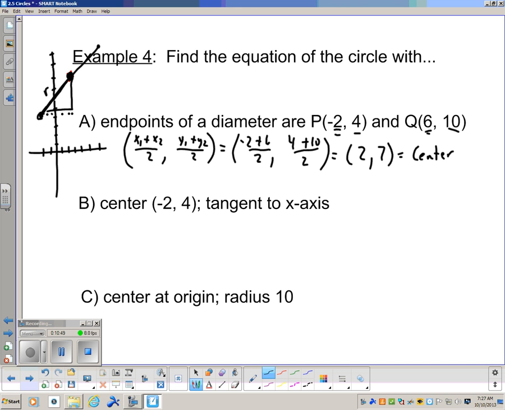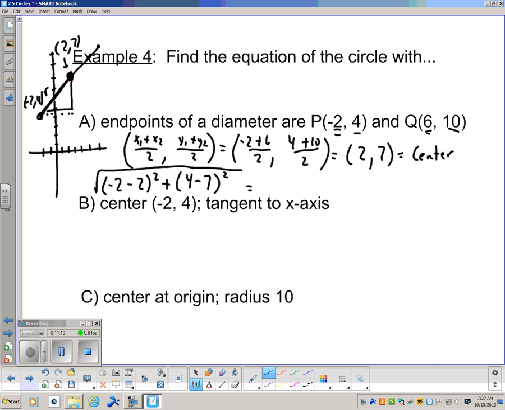So what do we have? We have a square root. We're going to subtract our x's this time. So we've got negative 2, 4 that we're using, and we're now using 2, 7. All right, so let's use our distance formula on that. Our formula says (negative 2 minus 2) squared, the difference between your x's, plus the difference of your y's squared.